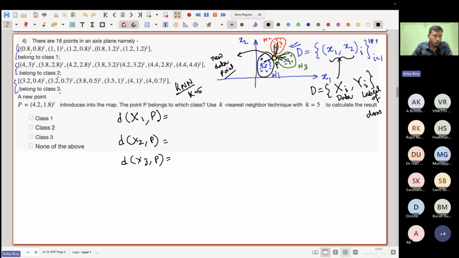Let's say 1, 2, 3, 4, 6, 7, 8. Let's say I have to calculate D of x8 comma P. How can I calculate the distance between this point and the new point?